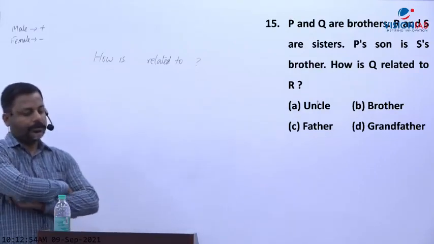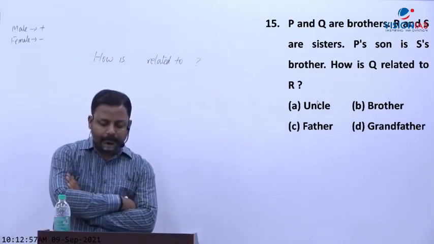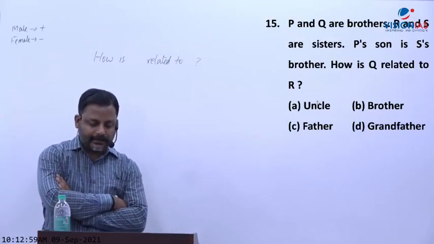So question number 15 is: P and Q are brothers. R and S are sisters.